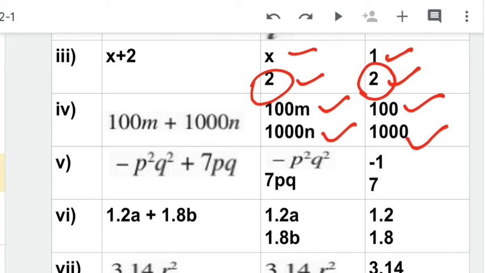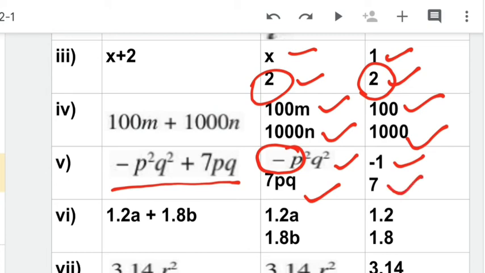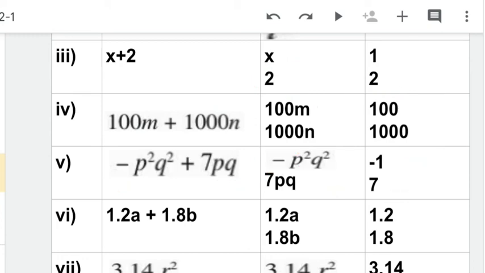Now in the second expression, the first term is minus p square q square and the second term is 7pq. The constant factor in minus p square q square is minus 1, so it is the numerical coefficient for that term, and 7 is the numerical coefficient in the case of 7pq.